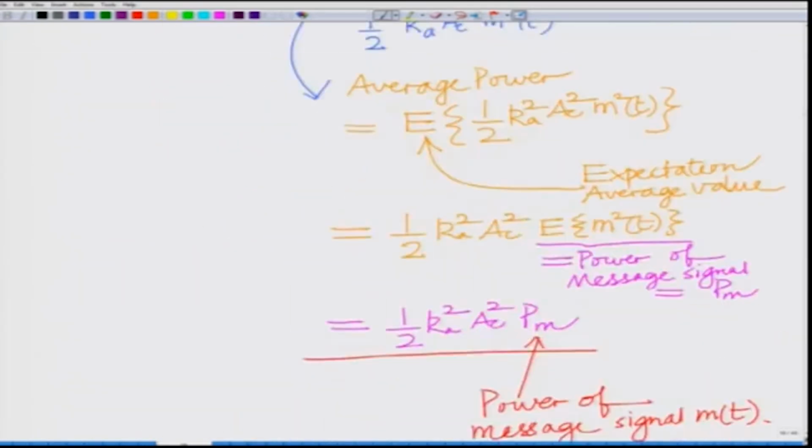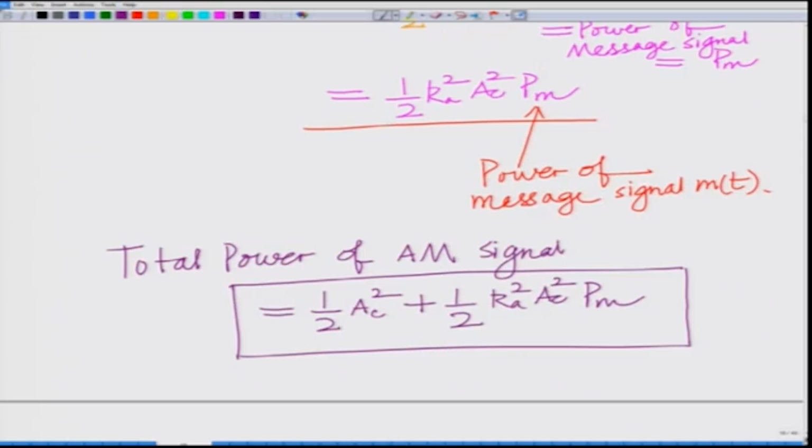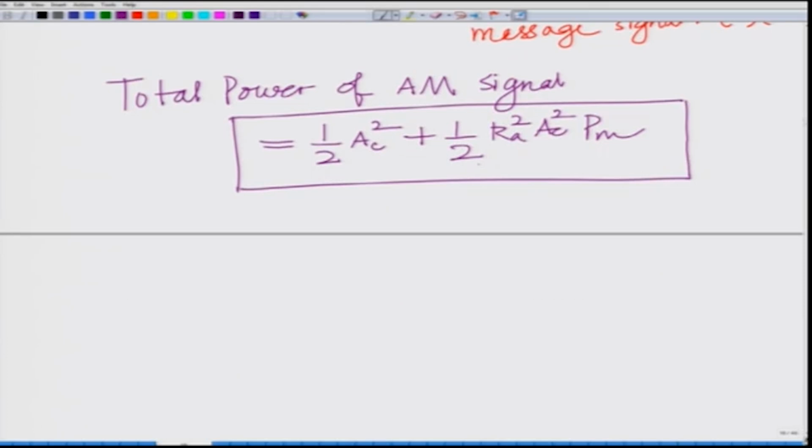This is the total power of the AM signal, that is half Ac square plus half Ka square Ac square into Pm. Okay. So, this is the total power of the AM signal.